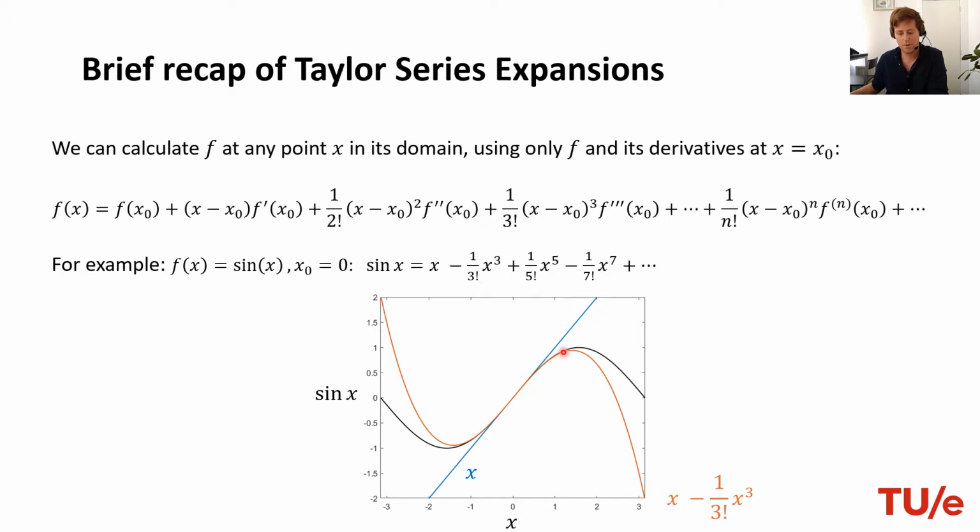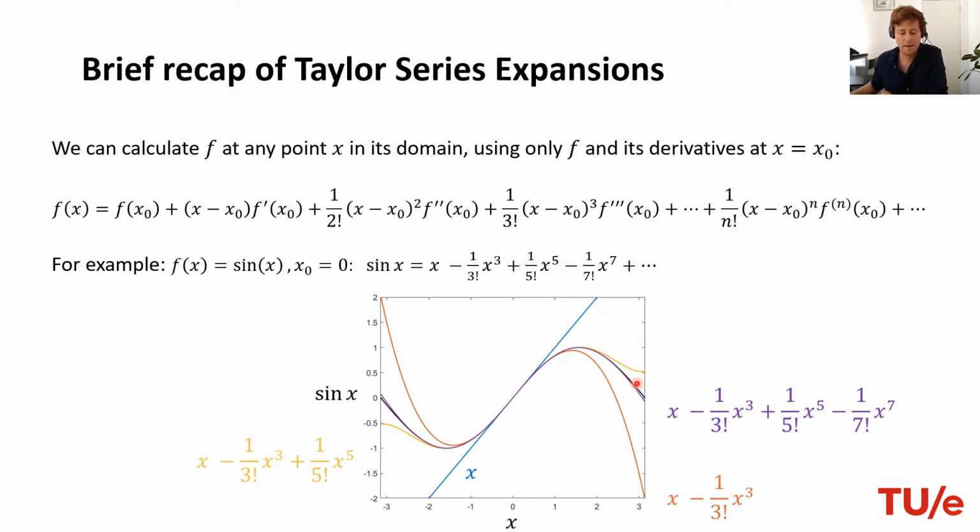Even where our initial approximation using only the blue line was getting poor, we're getting better and better. And by adding an arbitrary amount of terms, we will be able to approximate the sine of x for any x that we choose.